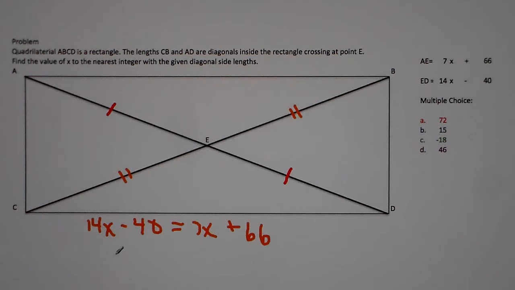We do our inverse operations. We subtract 7x from both sides. We also add 40 to both sides. So we get 7x equals 106. Then 106 divided by 7, we're going to get 15.142. And 15.142 rounded to the nearest whole number is going to be B, 15. And that's how you do that type of problem.